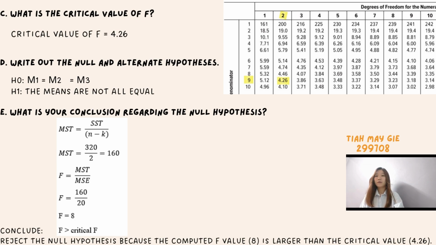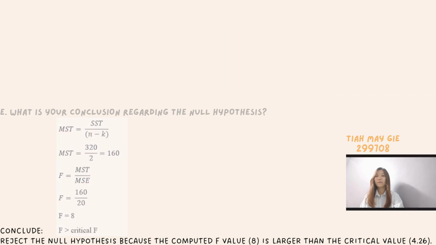MST is SST over k minus 1, which is 220 over 2, over MSE, which we get is 20, equal to 160 over 20, which is X. The computed F is X, the critical F is 2.46, so F is larger than critical F. The conclusion is to reject the null hypothesis because the computed F value is larger than the critical value.